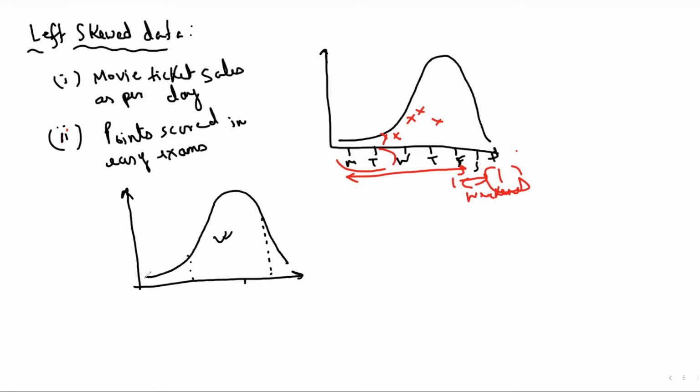Only a few who are below average will score lesser marks. Most of them will be able to score good marks, so most of them will be in this range. This can be like 30, 50, 70, up to 100. In easy exams, everyone is supposed to pass. Only a few of them who are below average or who haven't studied will score lesser marks, so they will fall in this category. So this is one example of left skewed data.